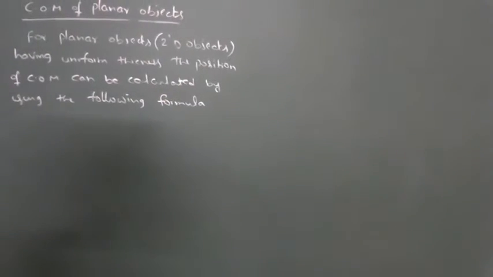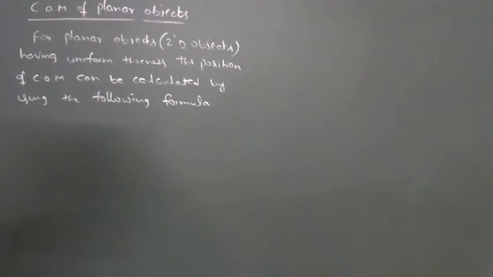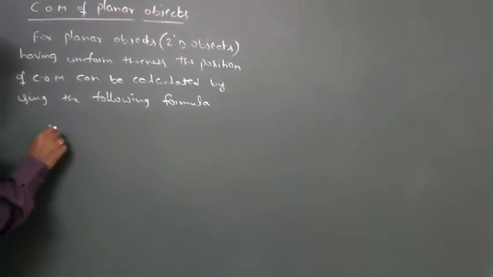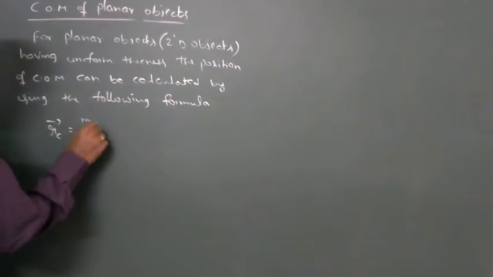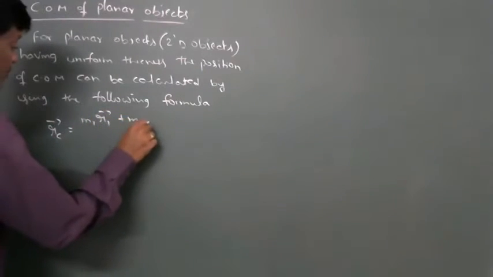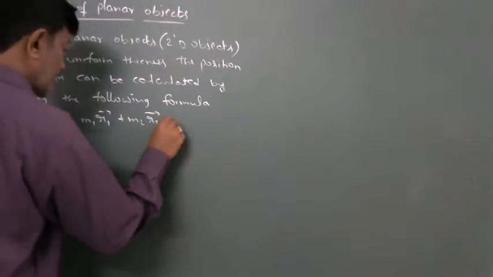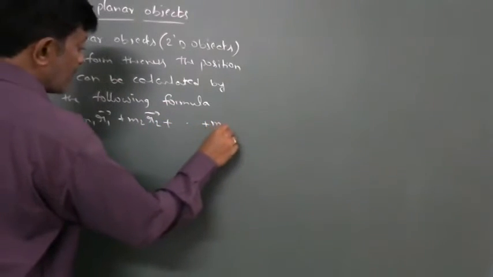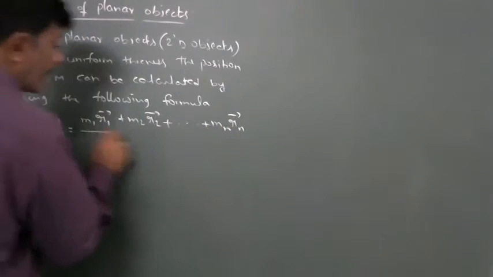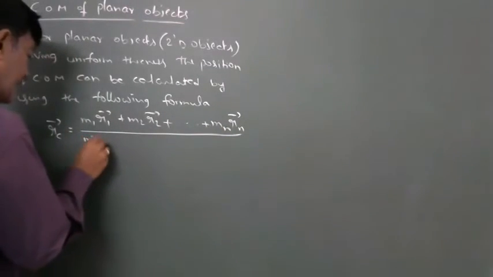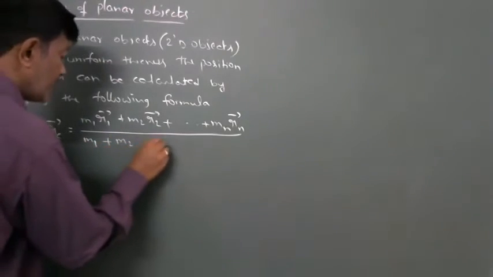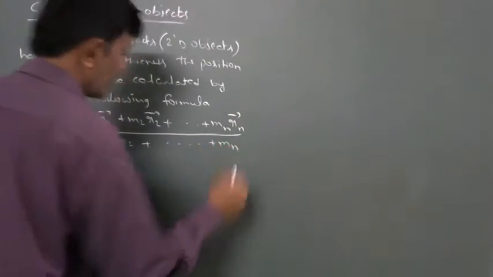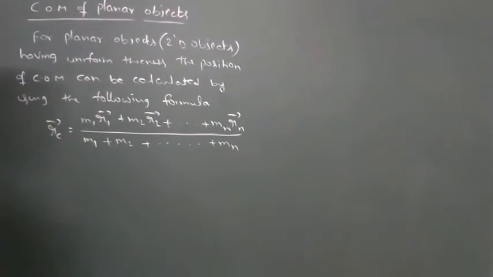R_C bar is equal to M1 R1 bar plus M2 R2 bar and so on plus Mn Rn bar, divided by M1 plus M2 and so on plus Mn.